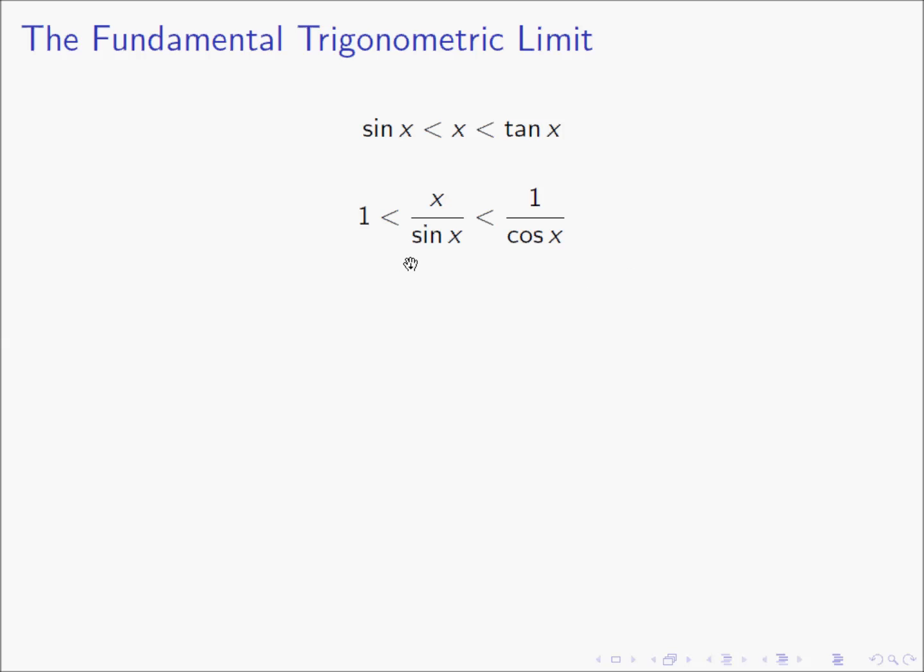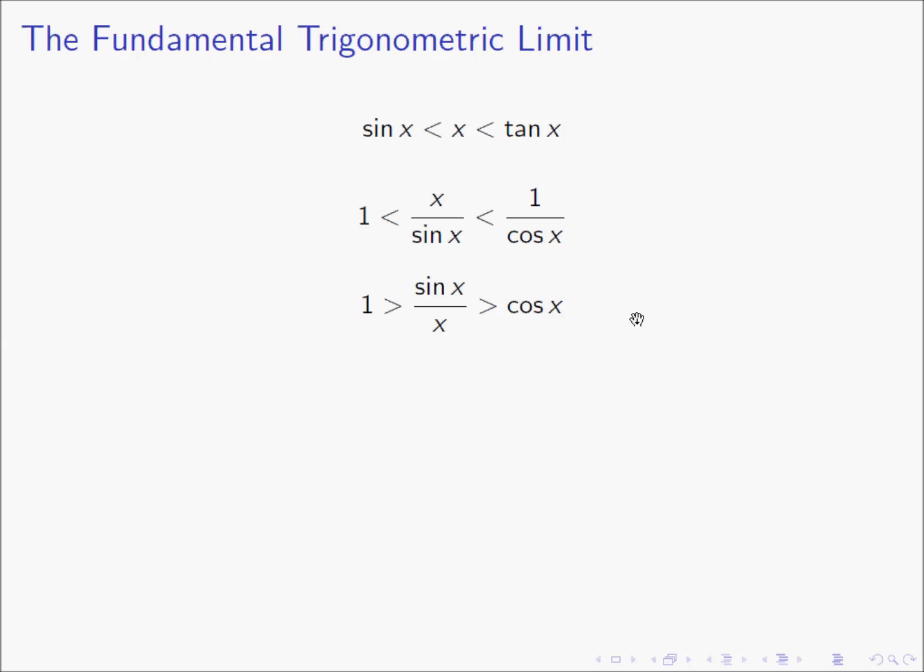Now we can change the direction of the inequality by taking the inverse of each of the members of the inequality. The inverse of 1 is 1, the inverse of this is sine of x over x, and the inverse of 1 over cosine of x is cosine of x.